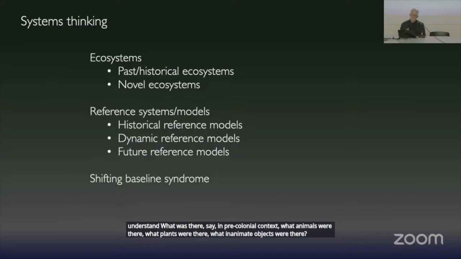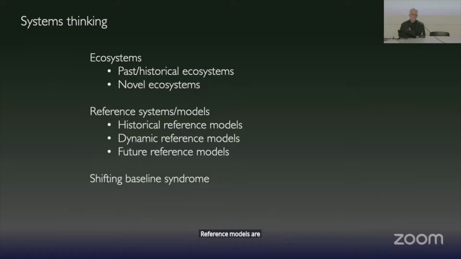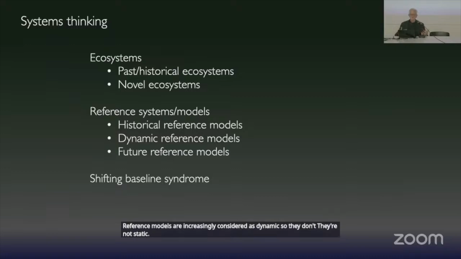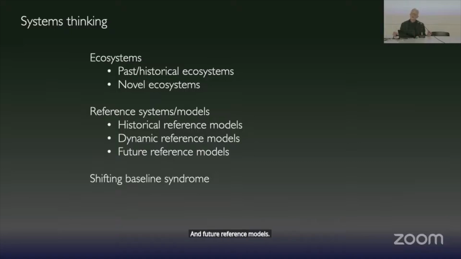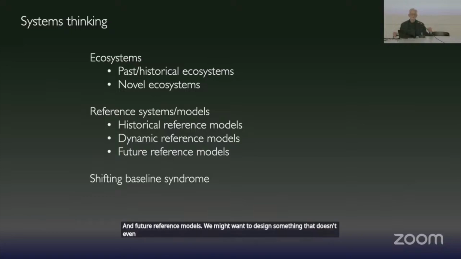Reference models are increasingly considered as dynamic, so they're not static, they change as plants and animals adapt, for instance, or as humans intervene. And future reference models. So we might want to design something that doesn't even exist today. So anticipate an ecosystem by putting whooping cranes back in the environment or reintroducing buffalo.